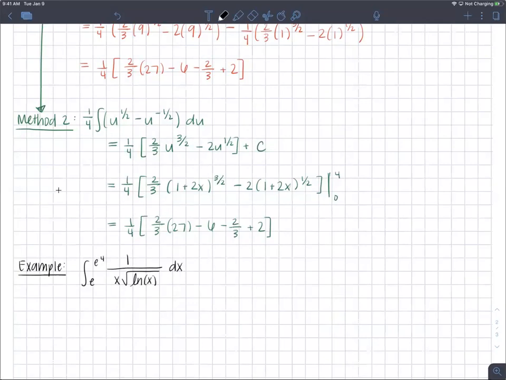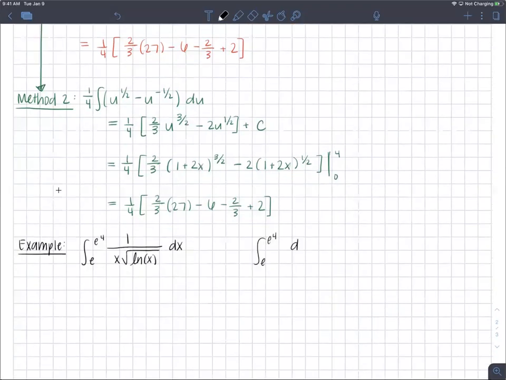Okay, so one thing I didn't really talk about when it came to notation of integrals is that some people would write this as the integral of e to the 4th dx over x times the square root ln of x. When I first started taking calculus, the first person I took it with, because I took it multiple times, said that this is bad. The second person I took it with, I'm currently using her notes, and she writes it this way.